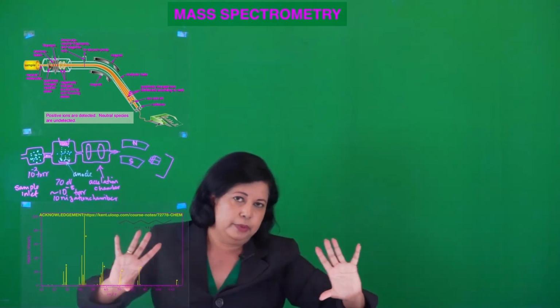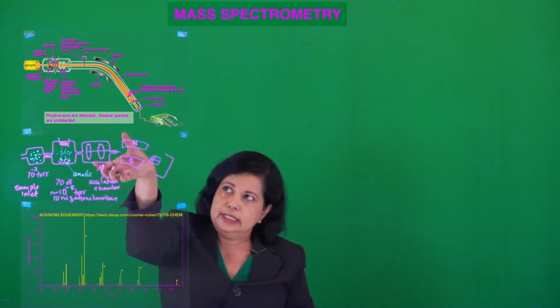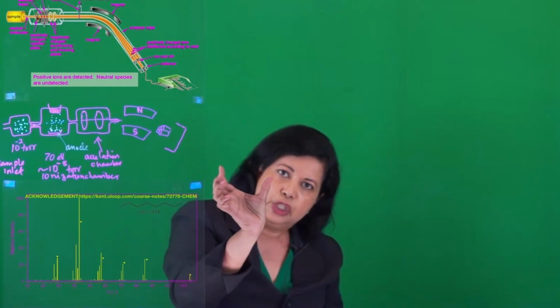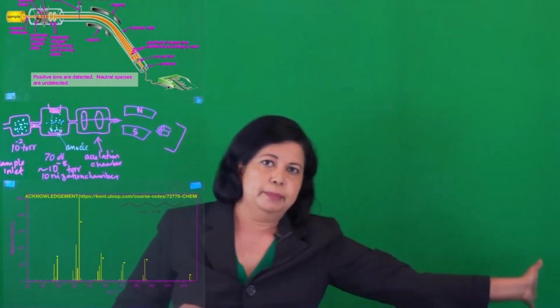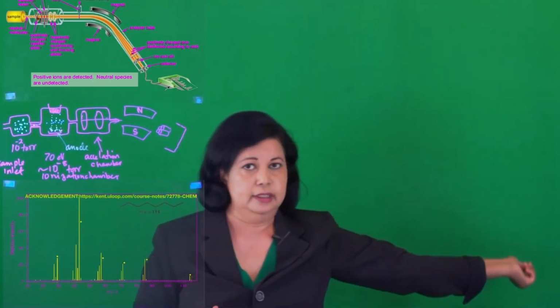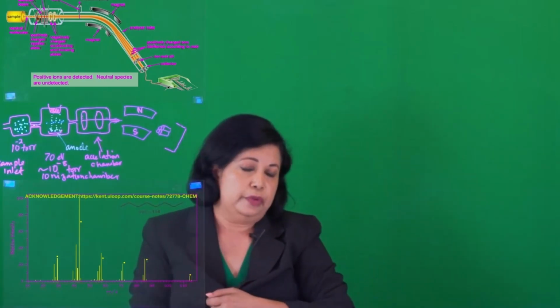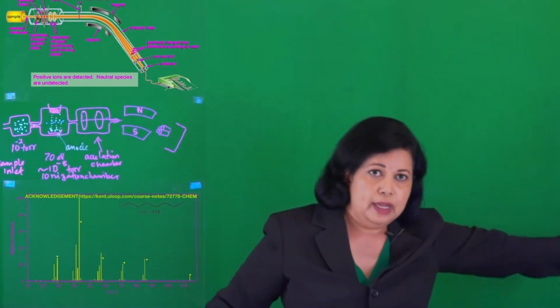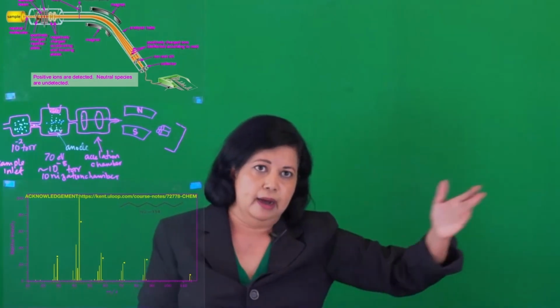We want to be able to separate them according to their mass. This is why this is a curved chamber. It's like taking a bend, or think about taking a turn. If you're really, really light, you're going to get flung over and you'll have a big arc.